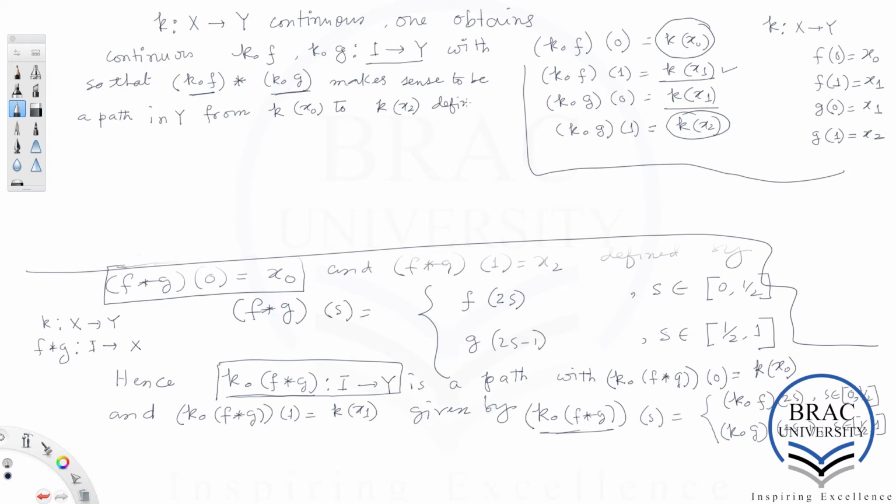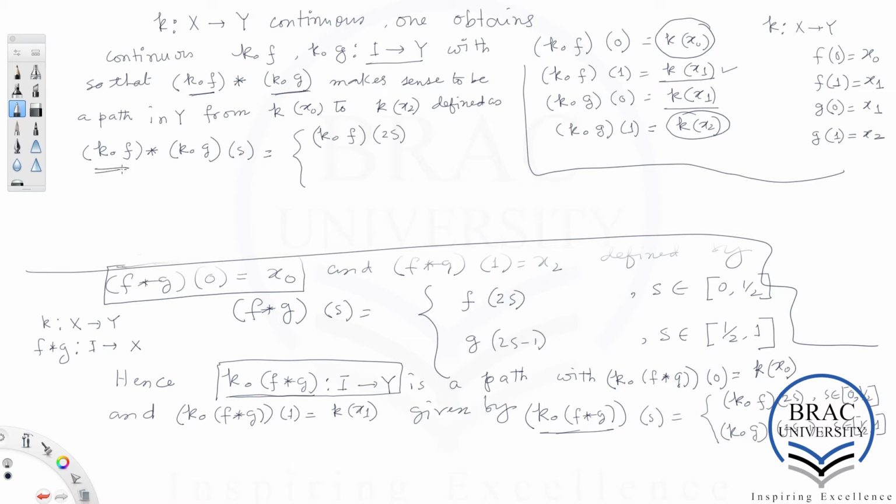defined as, we have our usual definition of product of paths, and using that we can define the product of these two paths in Y evaluated at S is equal to K composed with F at 2S.